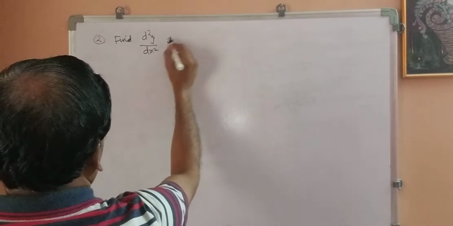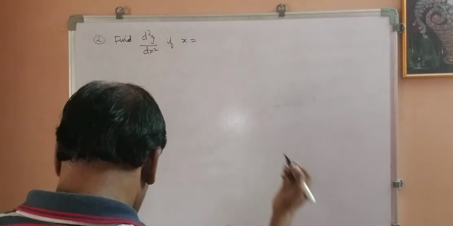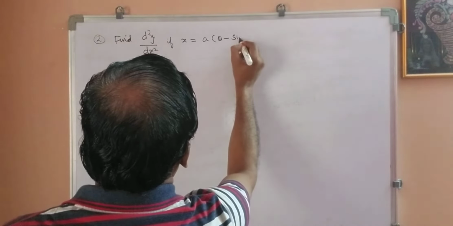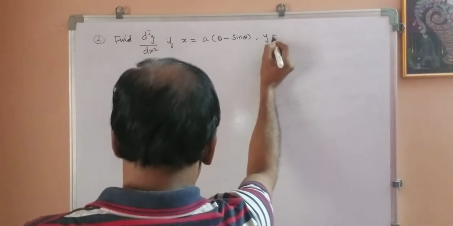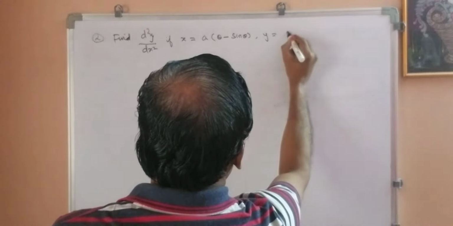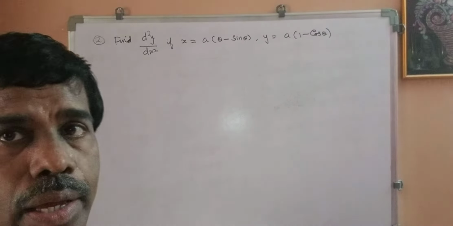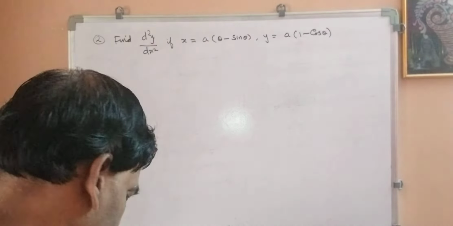if x equal to a into theta minus sin theta and y equal to a into 1 minus cos theta. See very carefully, here parametric functions are given. Okay.